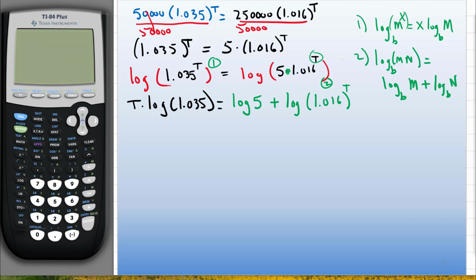Alright, so rule 2 worked here, but now I can use rule 1 on this one, so we can keep simplifying. And I'm going to pull that t out front.